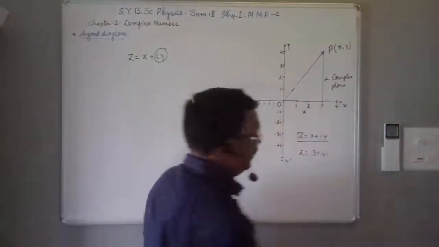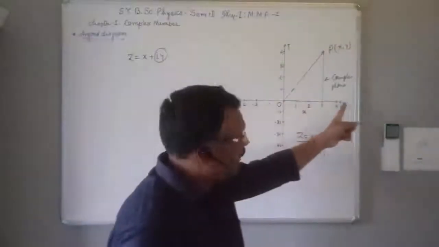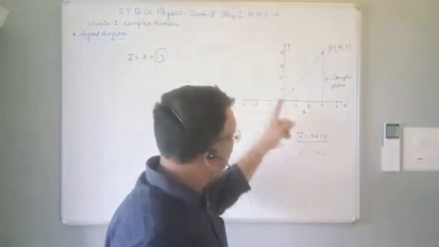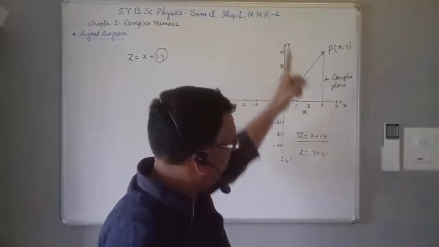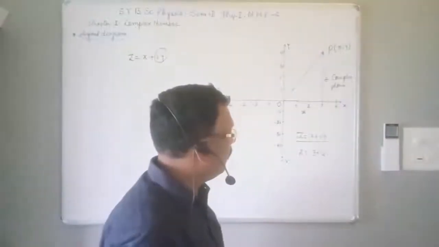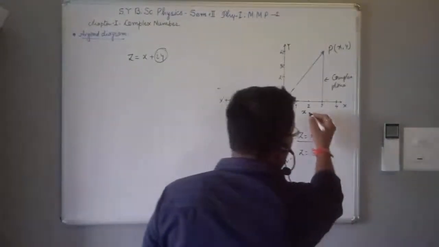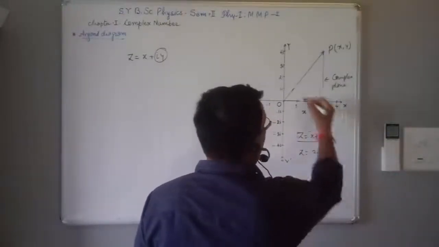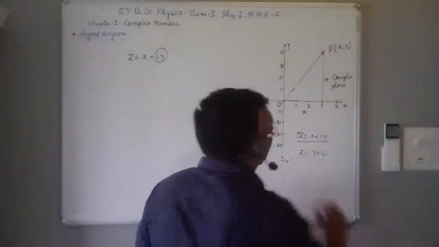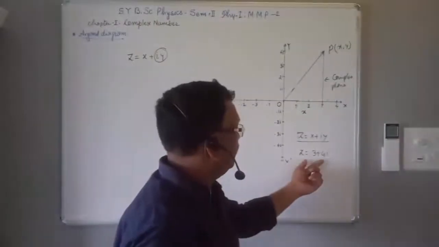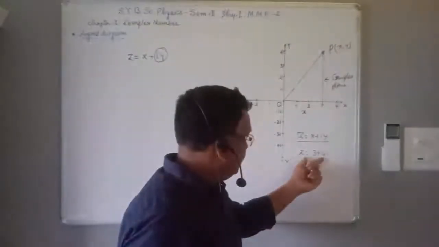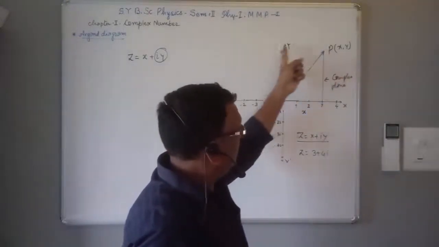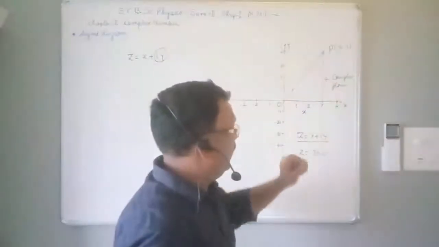Remember, any point on x-axis represents the real part of complex number, and any point on the y-axis represents the imaginary part. Here value of x is 3 and value of y is 4. Hence the complex number z is equal to 3 plus 4i, which is represented by the point P on this complex plane of the Argand diagram.